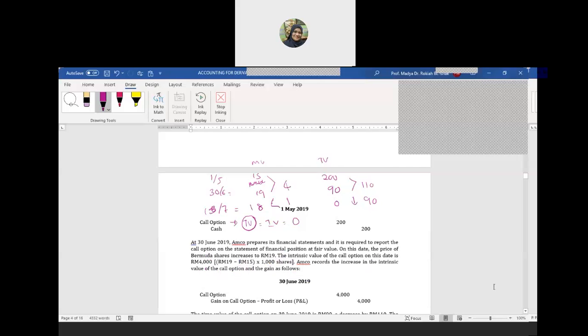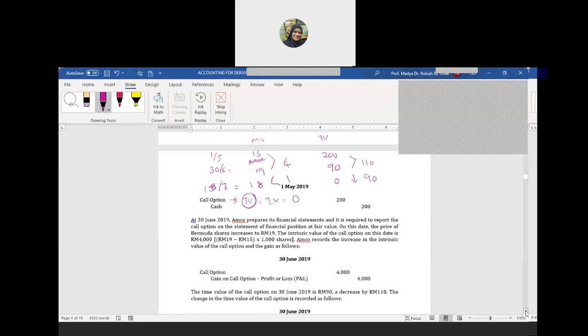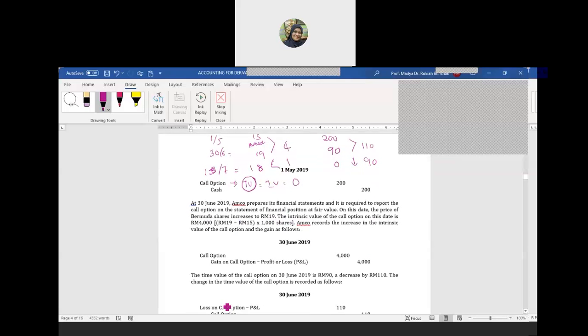You prepare the journal entry to record the intrinsic value: debit the call options and credit the gain on call options. The intrinsic value is positive because there is an increase in market value. The gain will be transferred to your income statement.